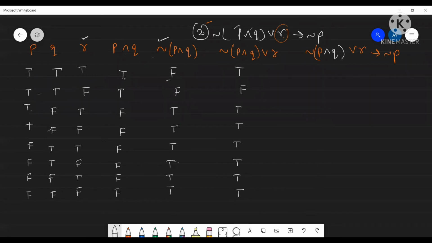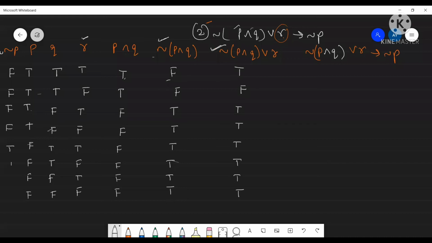Now coming to the implication form. Conditional, sorry. Implication is conditional. So what is the conditional? This is with respect to this one and with respect to negation P. Oh, we didn't do negation P. So I'm just writing the negation P over here. Negation P. So you'll have false, false, false, false.